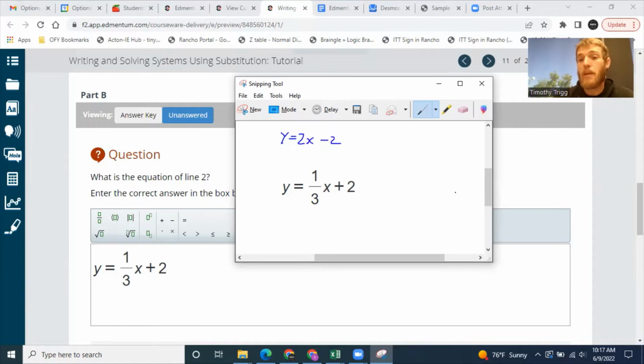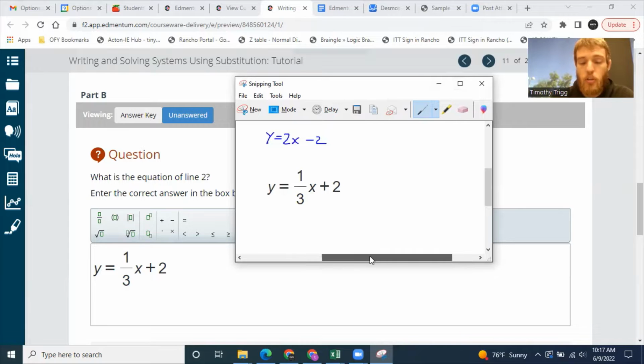Okay, so here are my 2 equations. Now, what I want to do is I want to use substitution to find the solution for the system. Well, what I notice is they both say y equals. See how this one says y equals 2x minus 2? And the other one says y equals 1/3 x plus 2.